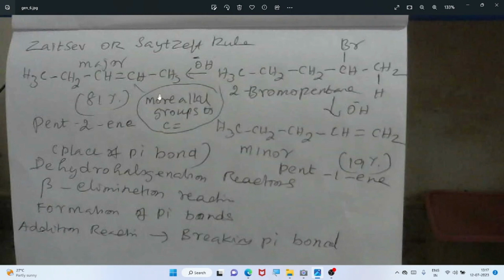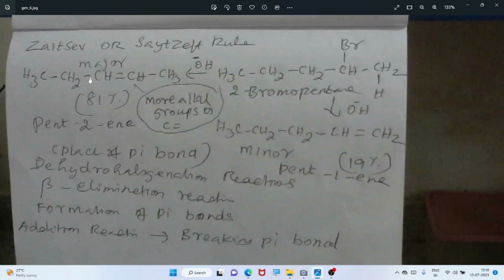It says the double bond forms on the carbon atom with the more number of alkyl groups attached. So here we have more alkyl groups attached, so this is the major product, 81%, and this is 19%, and this rule is given by this person. Where the double bond is formed, here it is formed on the rightmost carbon atom.